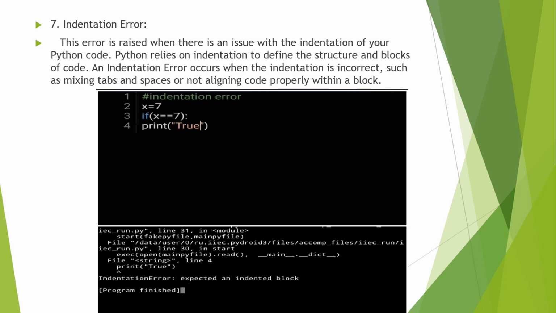An indentation error occurs when the indentation is incorrect, such as mixing tabs and spaces or not aligning code properly within a block. So here we are taking x equal to 7. If x equal to 7, print true. After writing the if statement, we want to show a new block, but here it is not there, so it shows an indentation error.